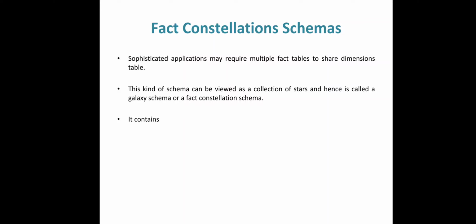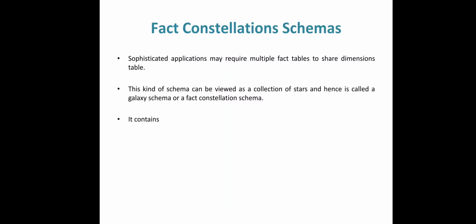This kind of schema can be viewed as a collection of stars, and hence it is called a galaxy schema. Whenever we have different fact tables, this collection looks like a collection of stars. That is why it has another name, galaxy schema, or also fact constellation schema.